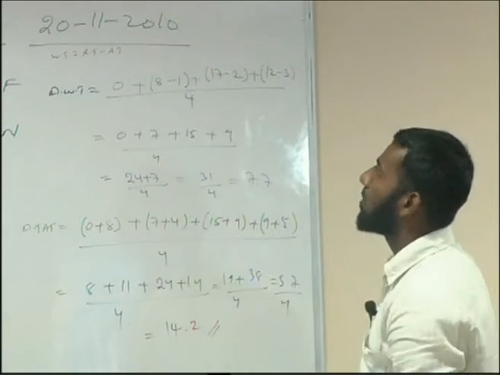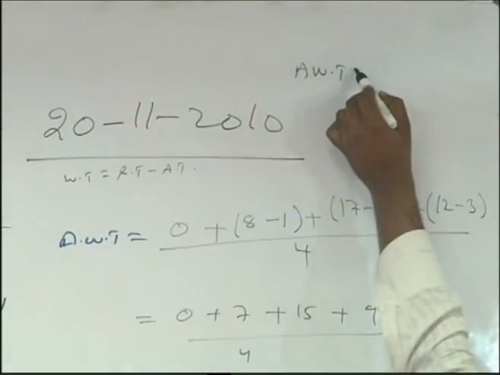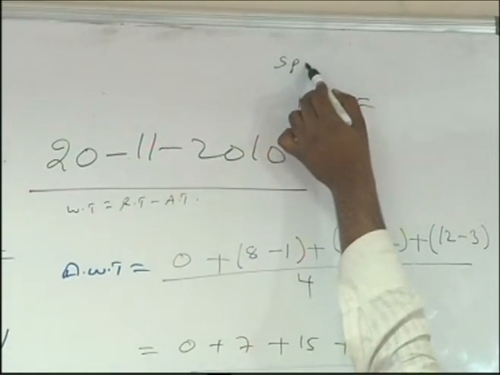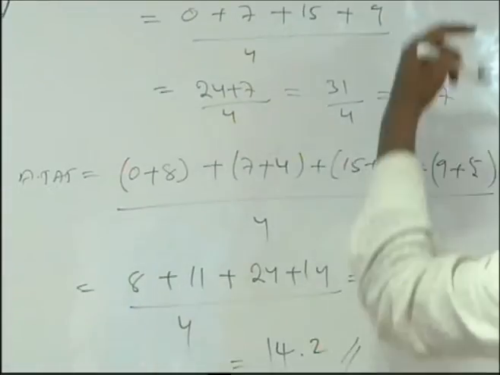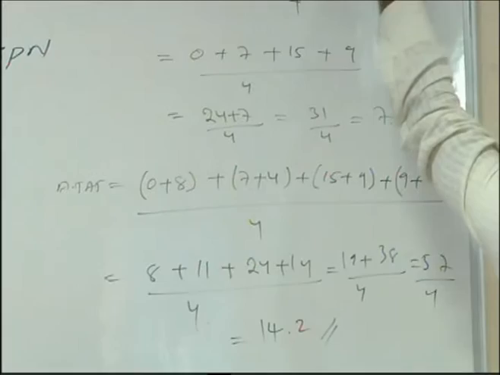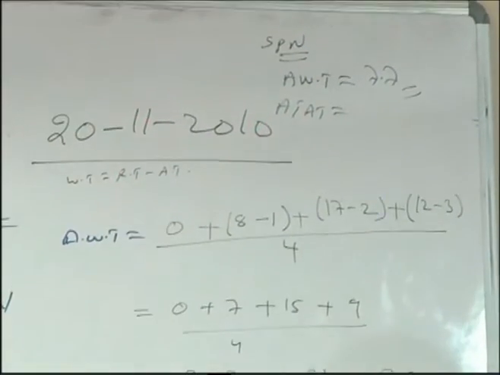Okay. So now here we will note down. So average waiting time for SPN, shortest process next, is 7.7 units, and average turnaround time for this is 14.2.